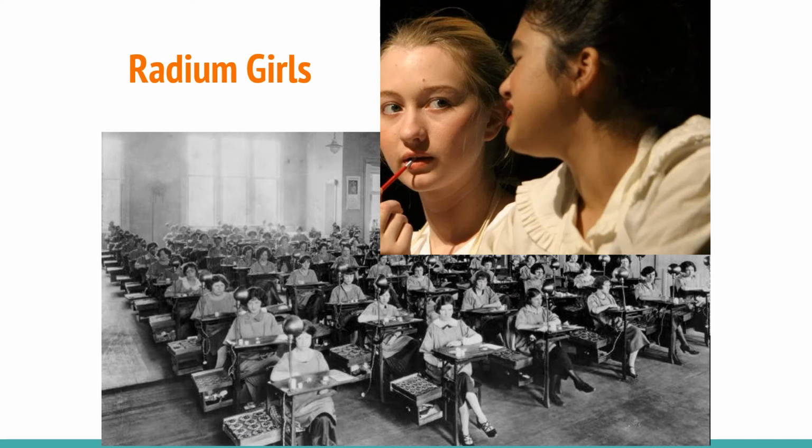Now, how dangerous is radioactivity? There is one interesting story. In the 20s, long before these nuclear bombs were used, people had clocks with glowing numbers, and to make the clocks with glowing numbers, you can use radium.